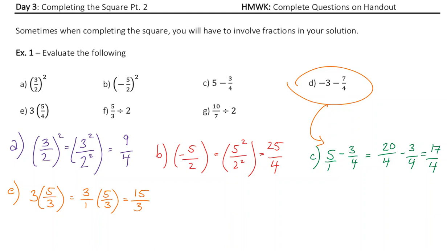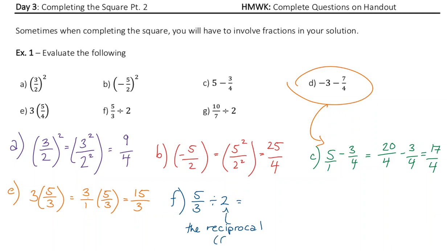Okay, and then we'll do one of these division problems. So we'll do F, and we have 5 over 3 divided by 2. Well, when you're dividing fractions, what you actually want to end up doing is multiplication, and you multiply by the reciprocal of your second fraction, or your second value. So that is 2.